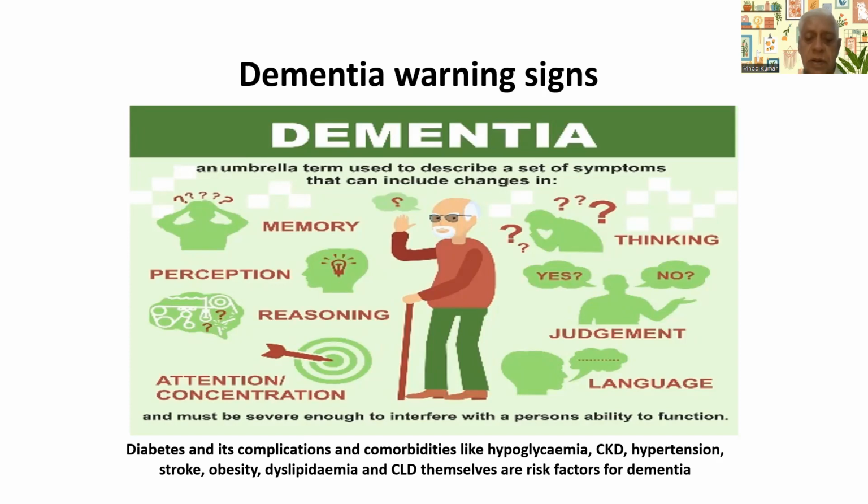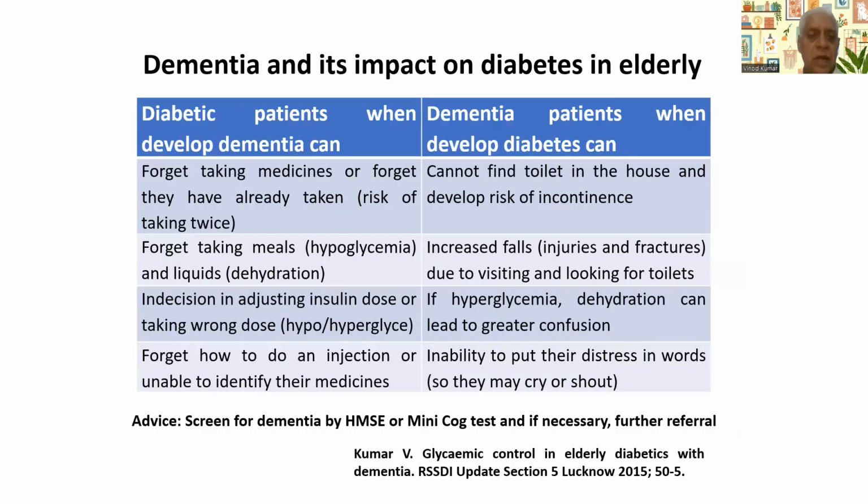Diabetes and its various complications are themselves risk factors for dementia. What happens if dementia and diabetes coexist in the same elderly individual? If a diabetic patient develops dementia, he can forget taking medicine or forget that he has already taken it. There will be a risk of taking it twice.